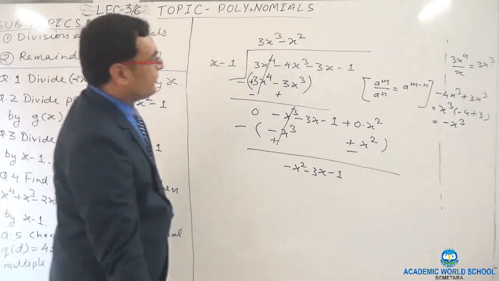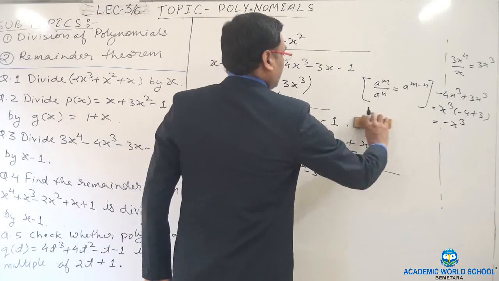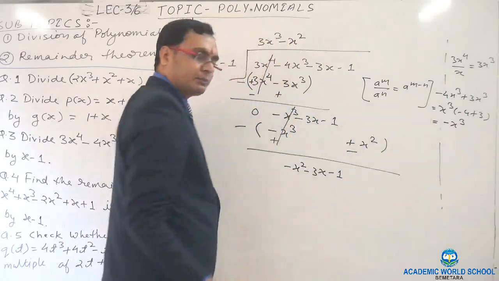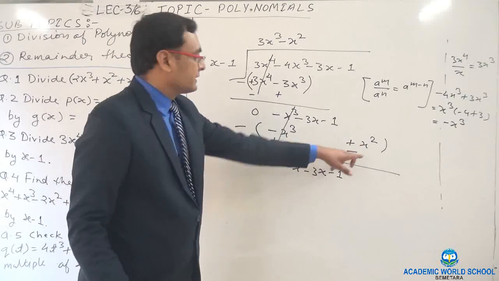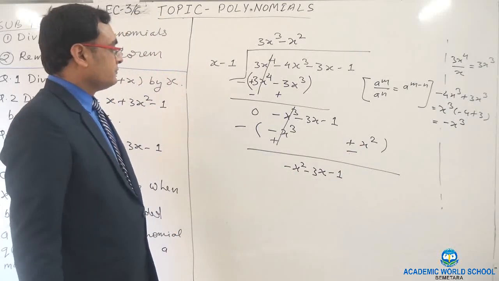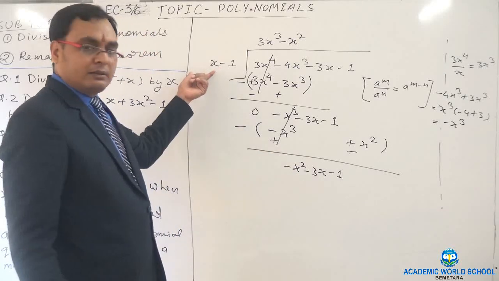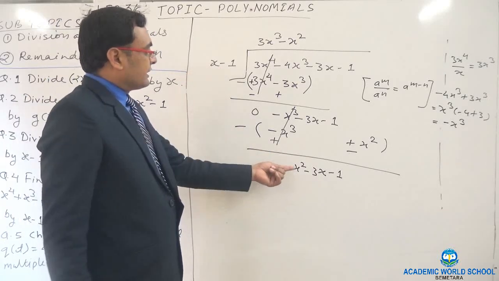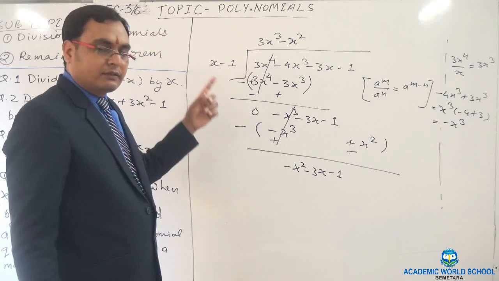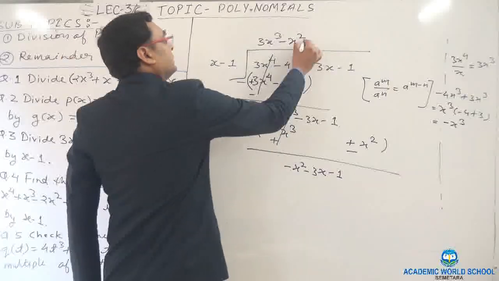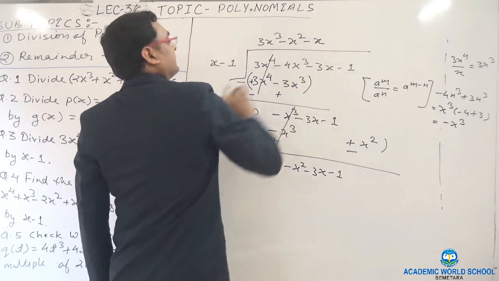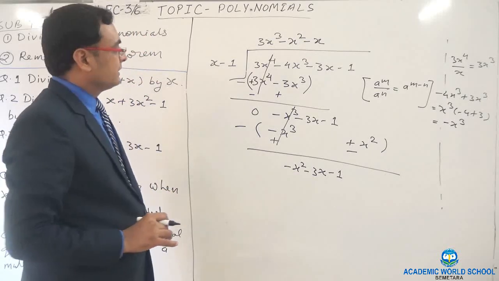If we are not writing this 0 x squared, then it is not a problem. We can write minus x squared as it is. Now this first term, minus x squared divided by x, is x to the power 2 minus 1, which becomes x to the power 1. Minus x will be our answer.